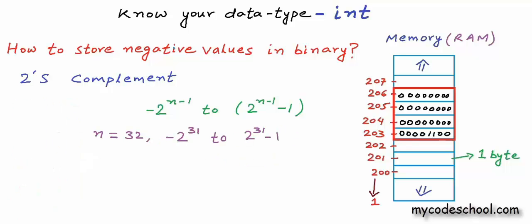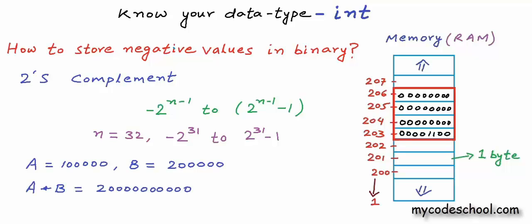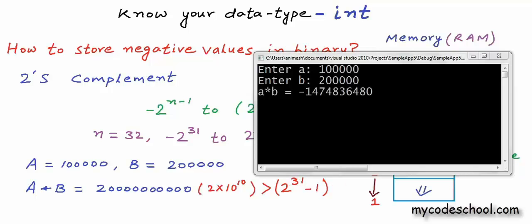Now with 32 bits we can have values from minus 2 to the power 31 to 2 to the power 31 minus 1. Albert was trying to multiply 100,000 and 200,000, and the product of these two numbers, which would be 2 into 10 to the power 10, is greater than the maximum value that we can store in 32 bits. If you remember, upon running the program we were getting this value minus 1474836480.